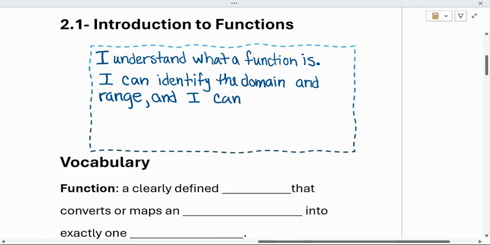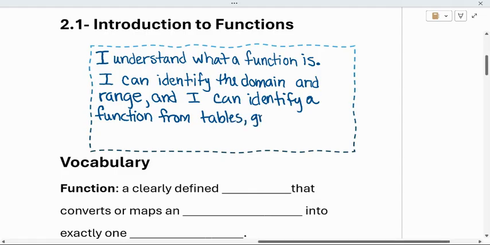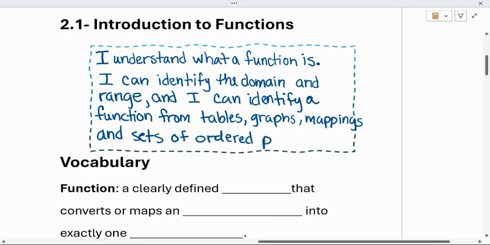I can identify a function from tables, graphs, mappings, and sets of ordered pairs.